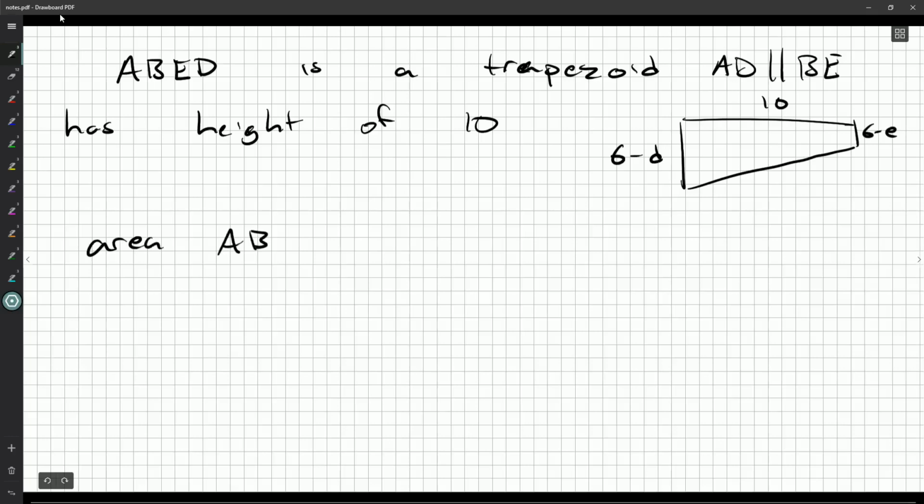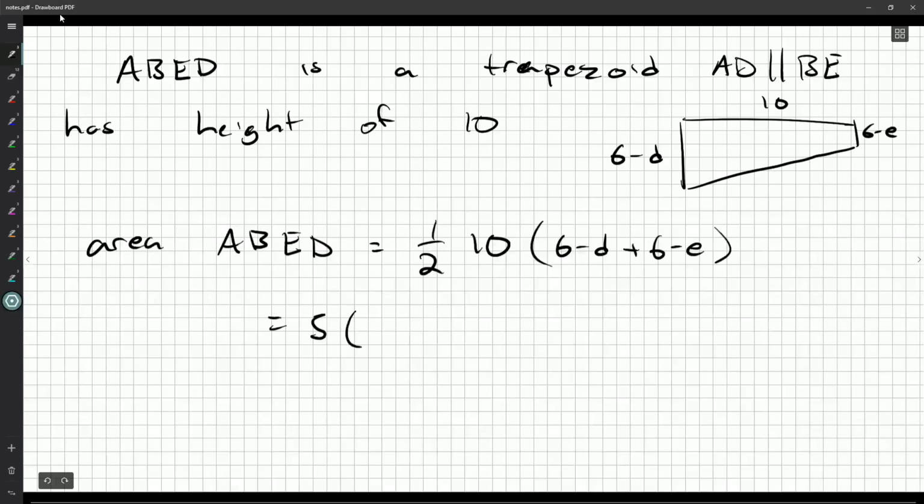So the area of ABED would be 1/2 the height. Here I'm using the formula for area of a trapezoid: 1/2 the height, 10, times the sum of the parallel sides. Okay. So we could simplify that to be 5 times 12 minus D minus E. Or I'm going to rearrange this as D plus E because I think that might be easier to work with.